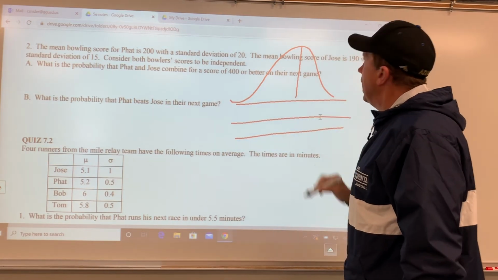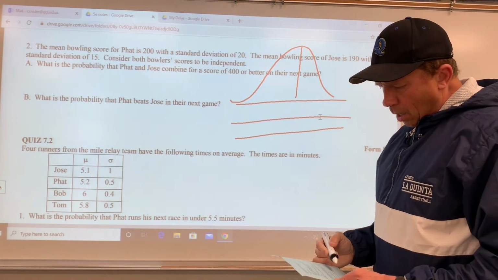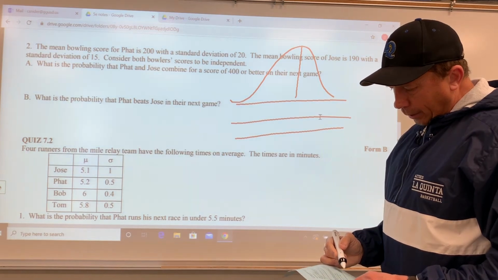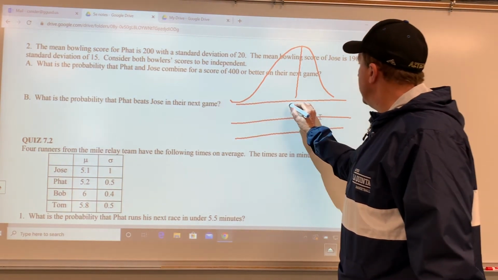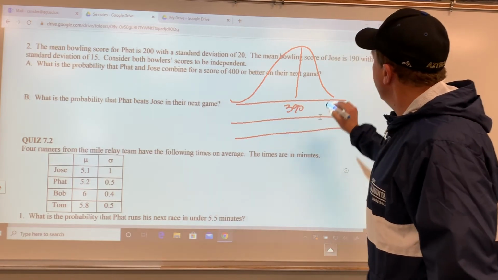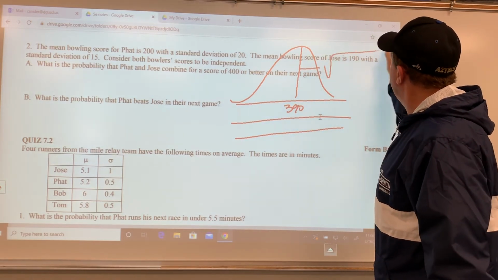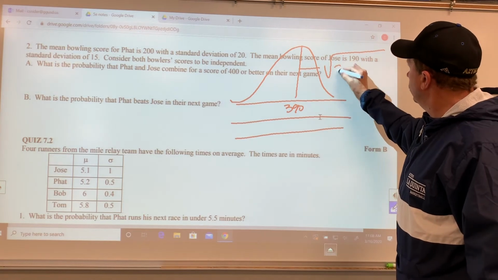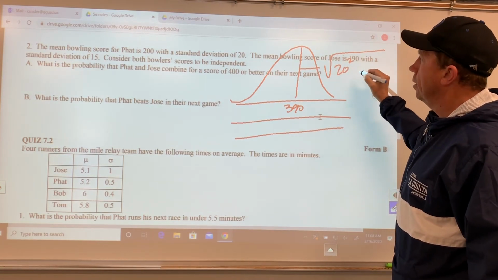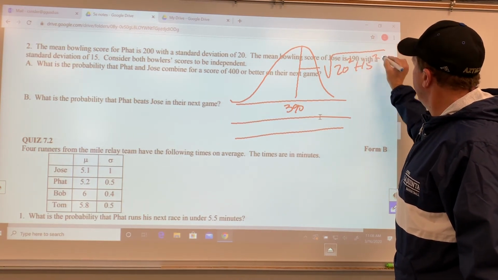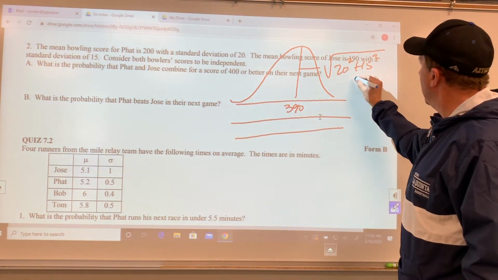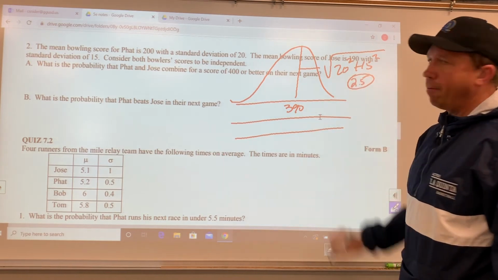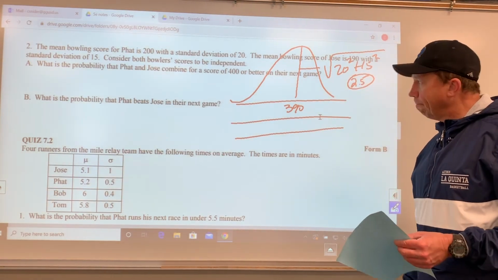So typically together, these guys are going to score 390. Their standard deviation will be Pythagorean, the square root of 20 squared plus 15 squared, which comes out 25. I gave you a nice Pythagorean triple there.